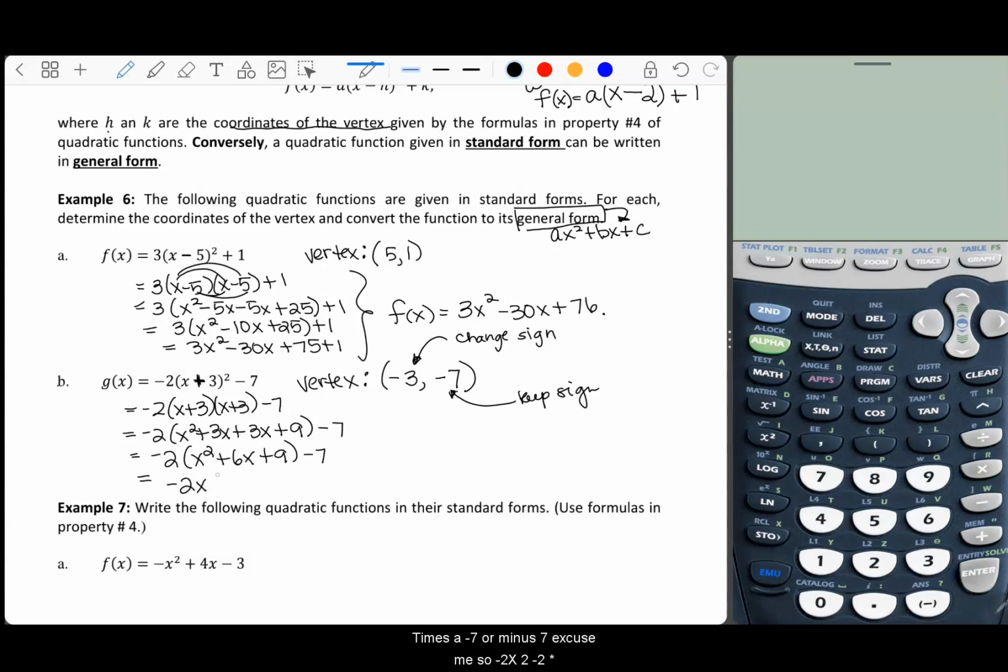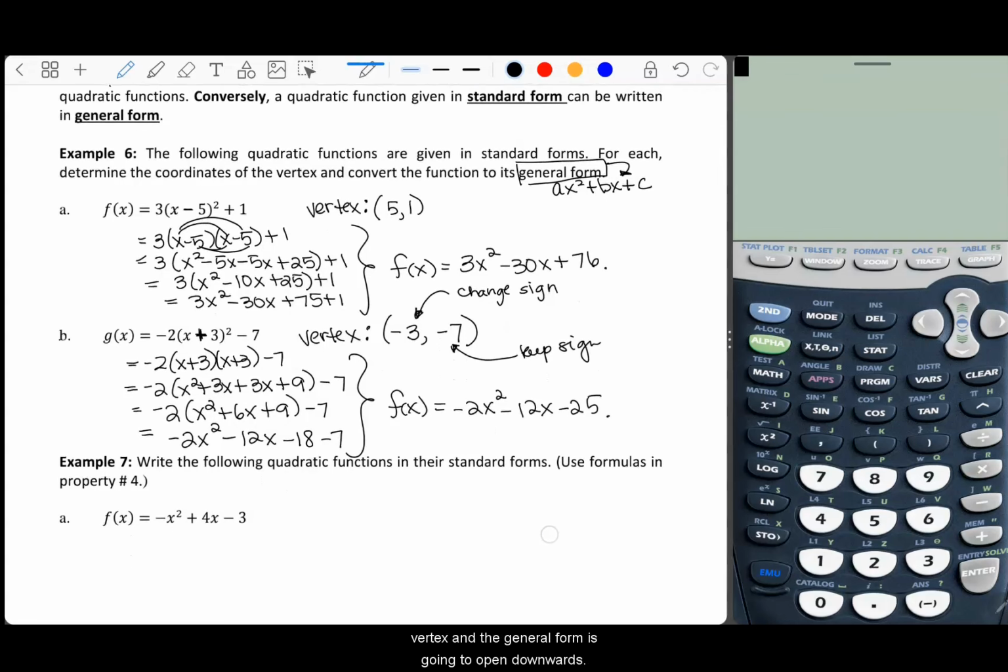So negative 2x squared, negative 2 times 6 is negative 12x, negative 2 times 9 is negative 18, minus 7. So the general form is f of x equals negative 2x squared minus 12x minus 25. And notice you can tell from that negative 2 in both the vertex and the general form that it's going to open downwards.